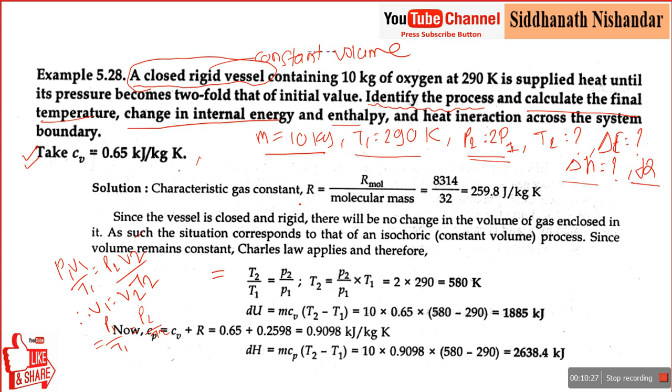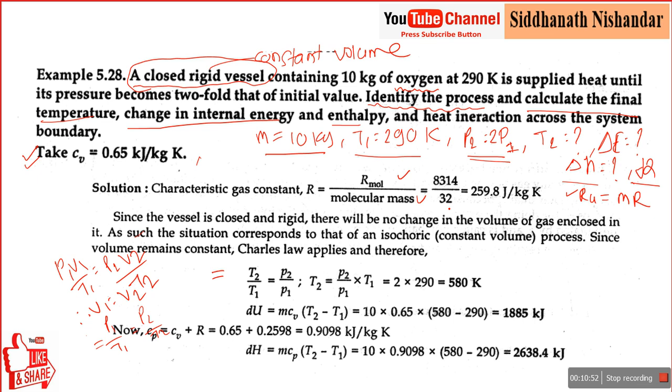First we find the characteristic gas constant R, which is R mole upon molecular mass. This is the fundamental formula I discussed, Ru is equal to mR. Ru is a constant value, we know that, and for the molecular mass I have taken 32 for oxygen.